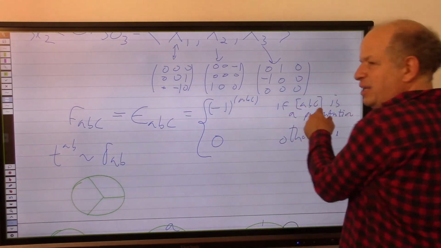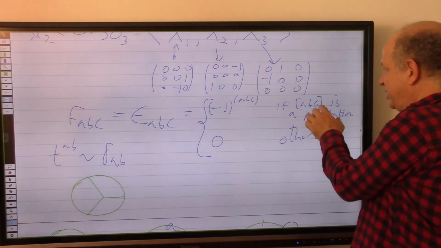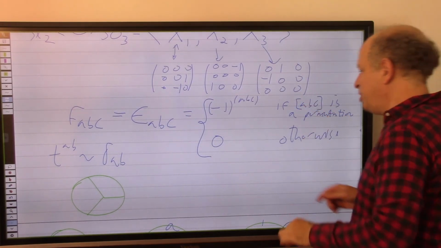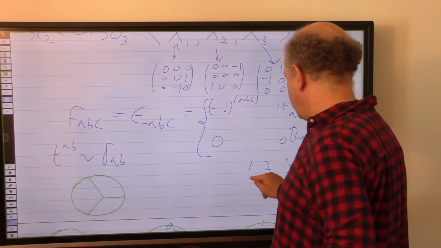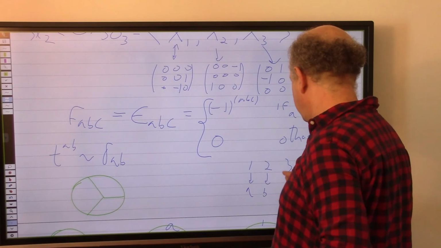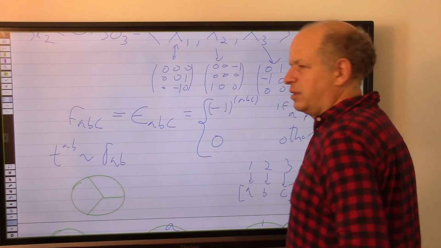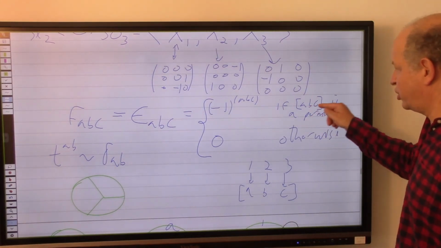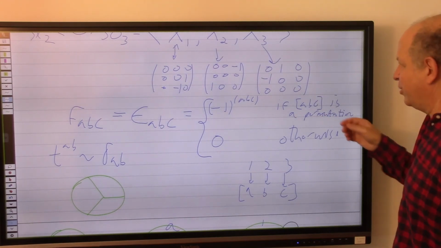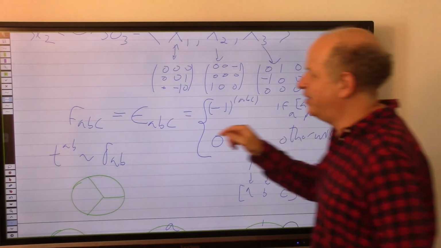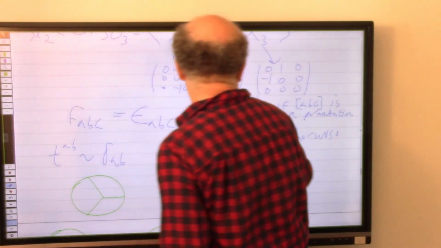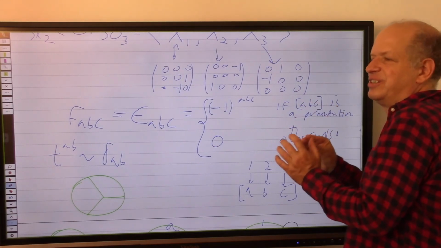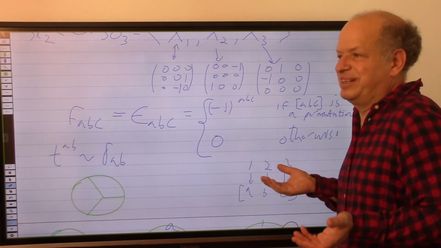By the permutation ABC, I don't mean the cyclic permutation where A goes to B, B goes to C, C goes to A. I mean 1, 2, 3 go to A, B, C. Oh, I see. Okay, that makes sense. Maybe I should have used no brackets. When I say ABC is a permutation, I mean not using cycle notation, but the other notation. What is it called?